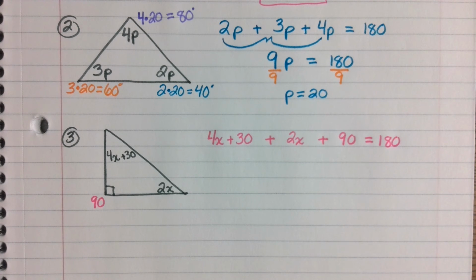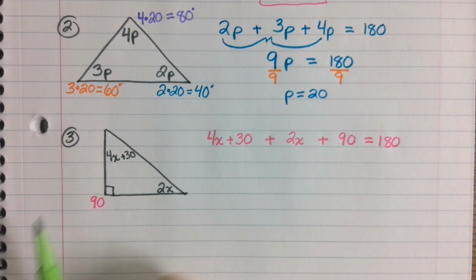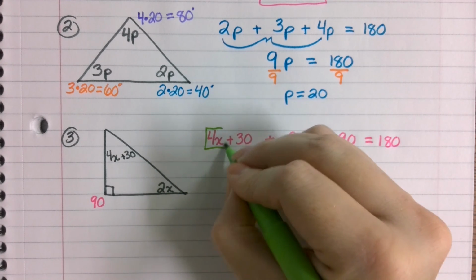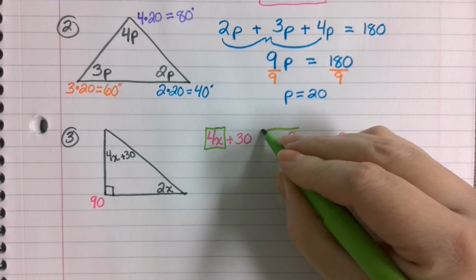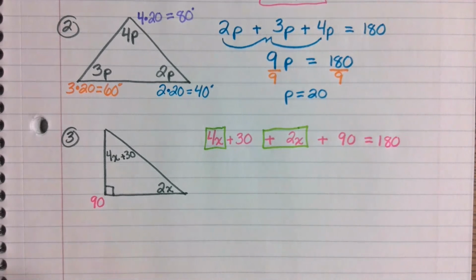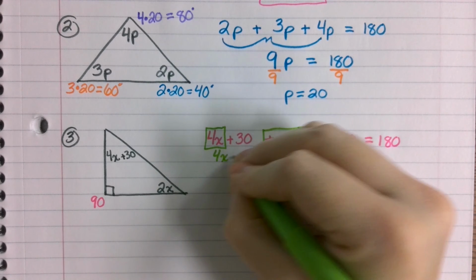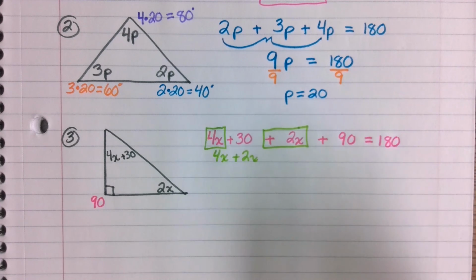Again, we got to combine like terms. I've got 4x plus 2x that can be combined together. What is 4x plus 2x? 6x.